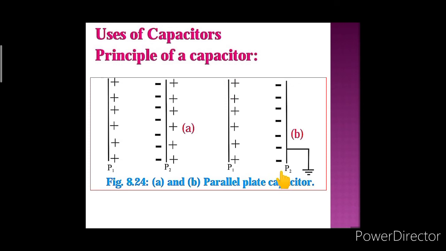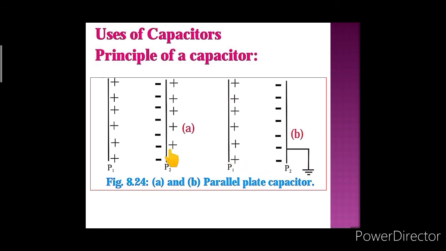If V1 is the potential on the plate P2 due to the negative charge minus Q, then the net potential of the system will be plus V minus V1, and the capacity C2 is given as Q upon V minus V1.